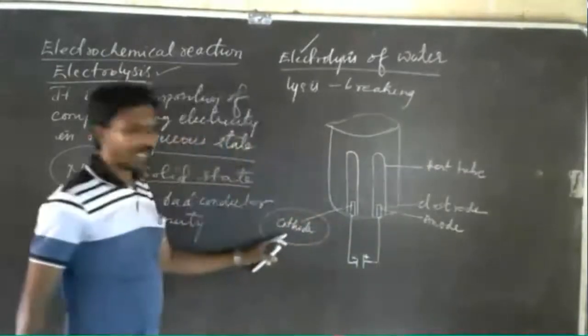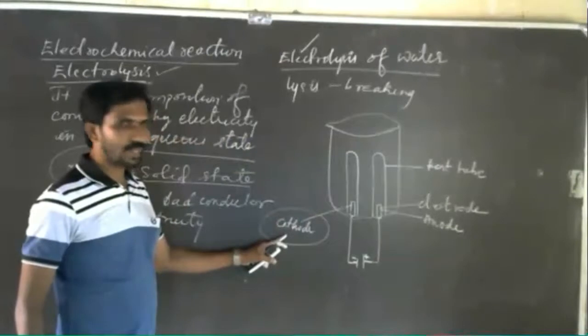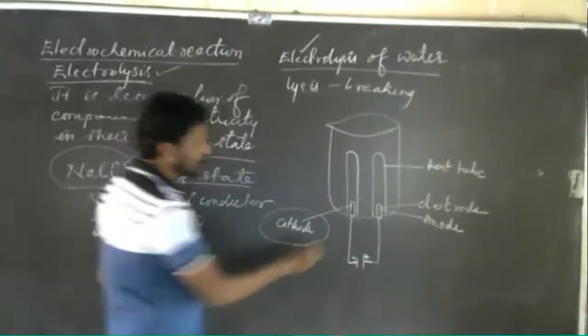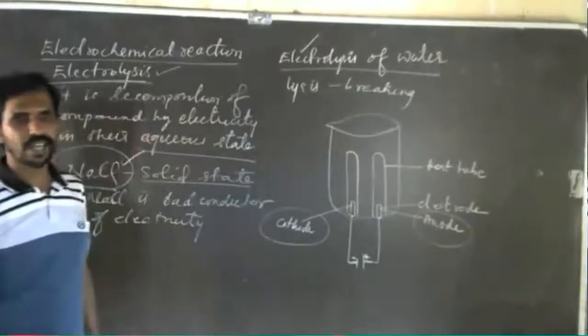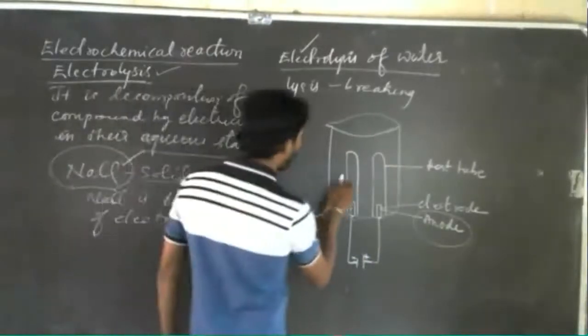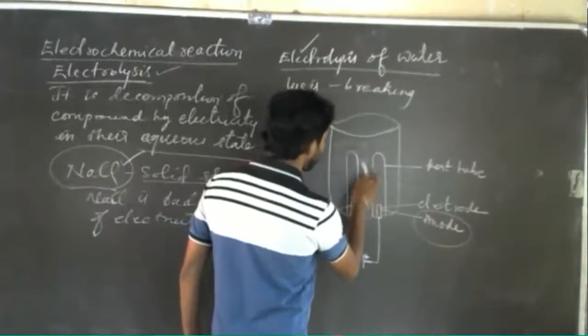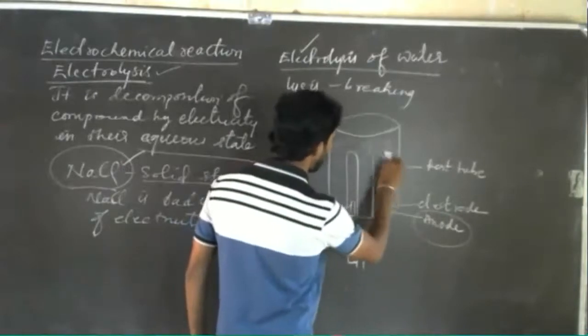The electrode connected to the negative terminal is called cathode, and the electrode connected to the positive terminal is called anode. Then we have to pour water over here.